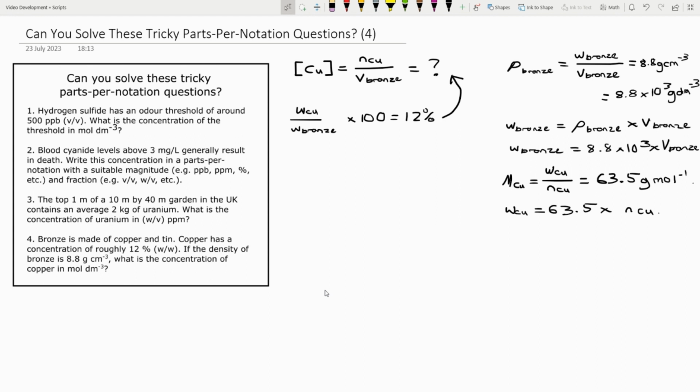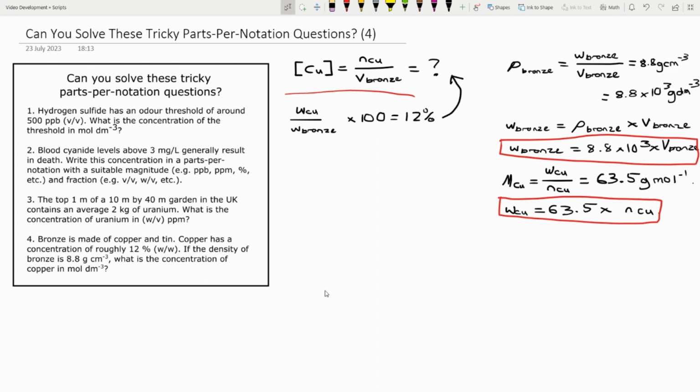So now we've got both equations that we need. We can enter them both into this equation to get it looking a little bit more like this equation. So let's do that.